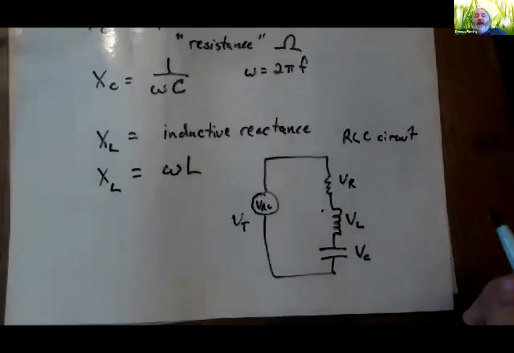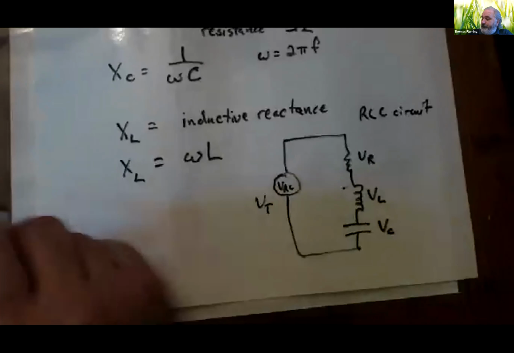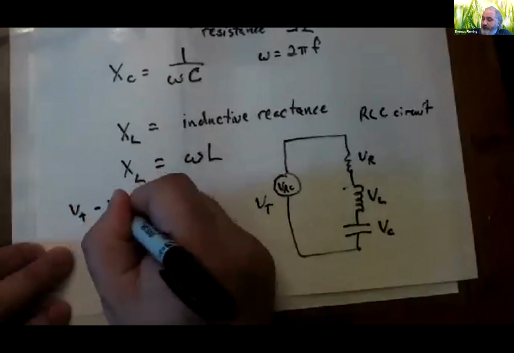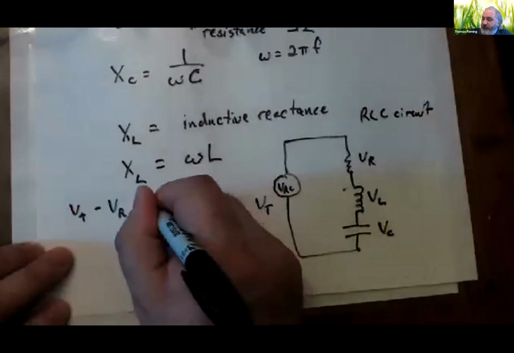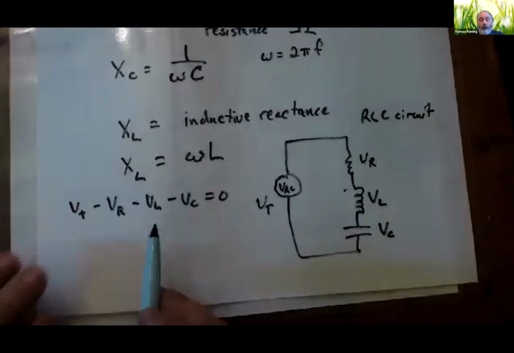And what's going to happen is at any given moment, V total minus VR minus VL minus VC has to be 0. That's the loop rule, right?